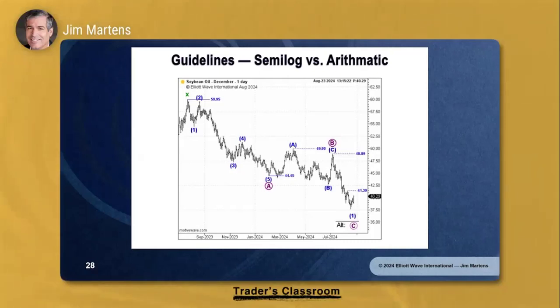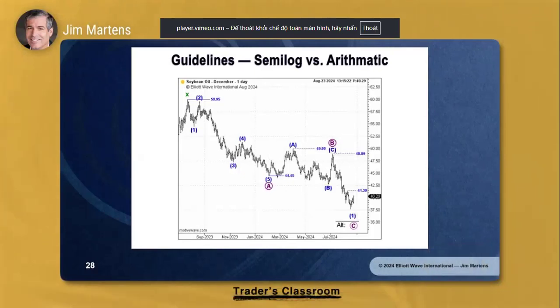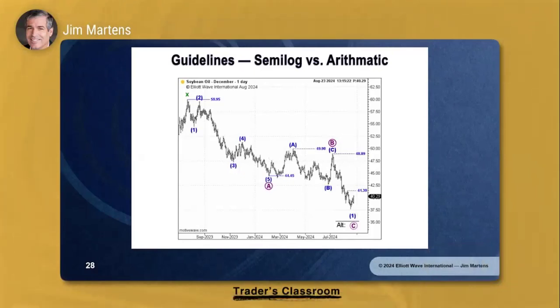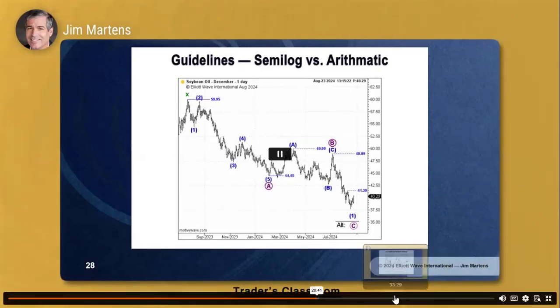So on that scale, each wave traveled a similar distance, suggesting that, in a way, wave C equals wave A on a percentage basis. So you want to keep track of your charts using both methods, both chart formats.